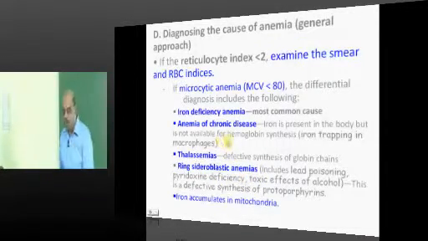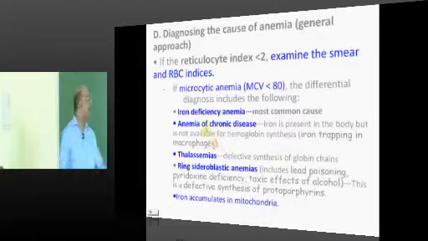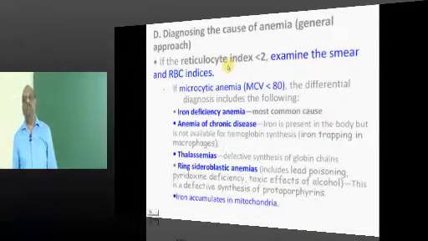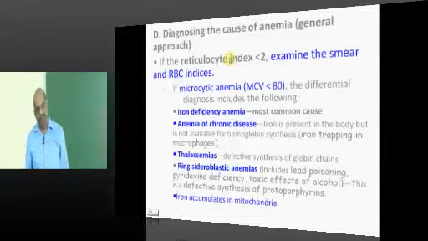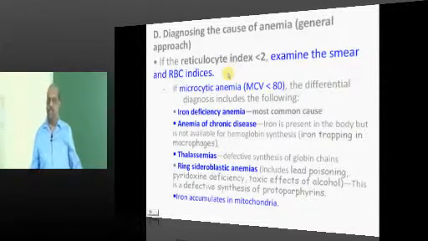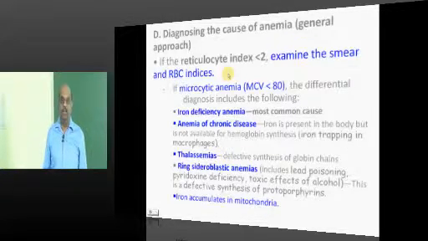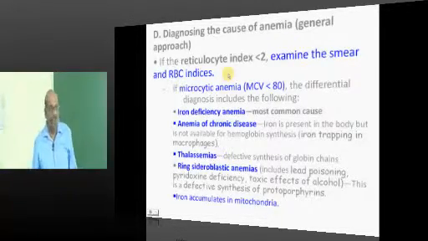They are the 4 causes of microcytic anemia. In all these cases of microcytic anemia, retic count will be less than 2. Why? If it is iron deficiency, bone marrow wants to produce retic count, but iron is missing.